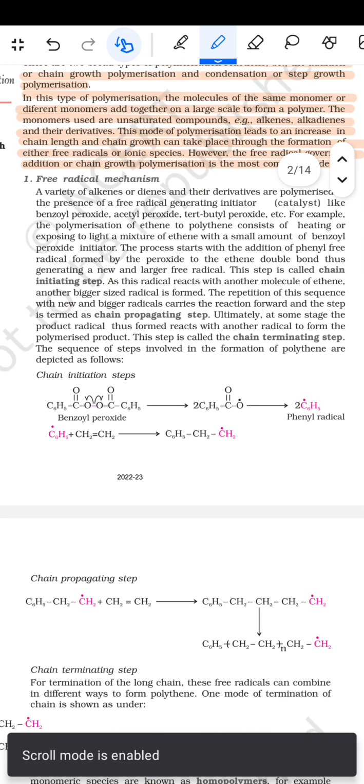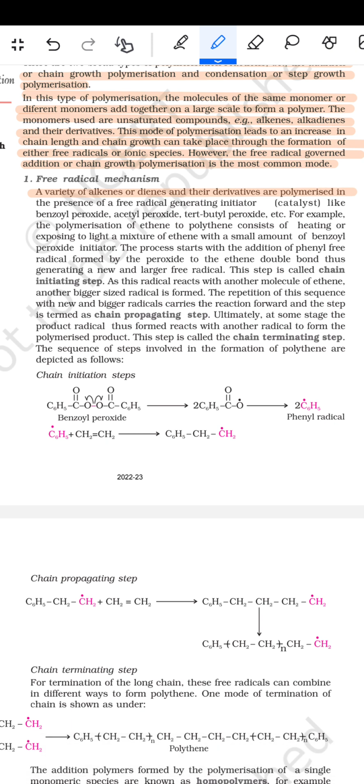Free radical polymerization. A variety of alkenes or dienes and their derivatives are polymerized in the presence of a free radical generating initiator, catalysts like benzoyl peroxide, acetyl peroxide, butyl peroxide, etc. For example, the polymerization of ethene to polyethene consists of heating or exposing to light a mixture of ethene with a small amount of benzoyl peroxide initiator. The process starts with the addition of the phenyl free radical formed by the peroxide to the ethene double bond, thus generating a new and larger free radical.